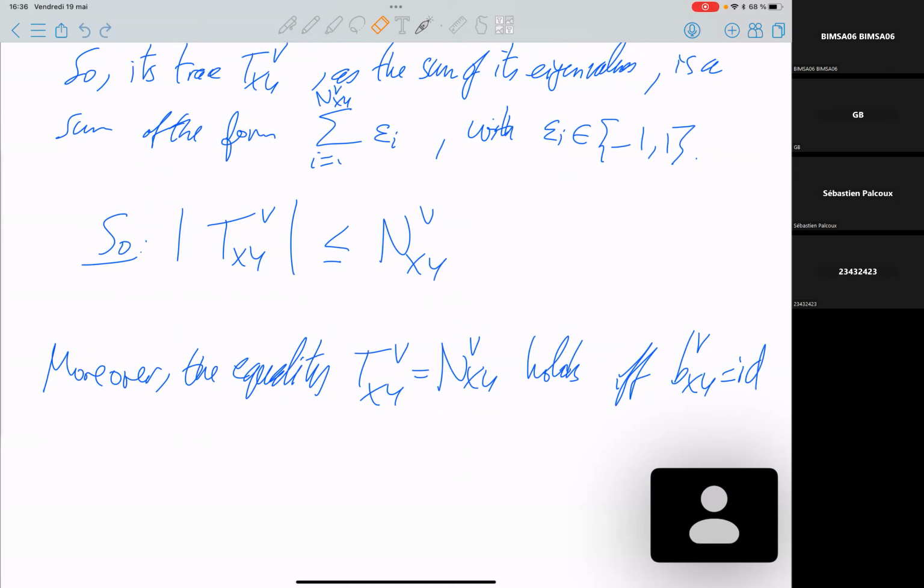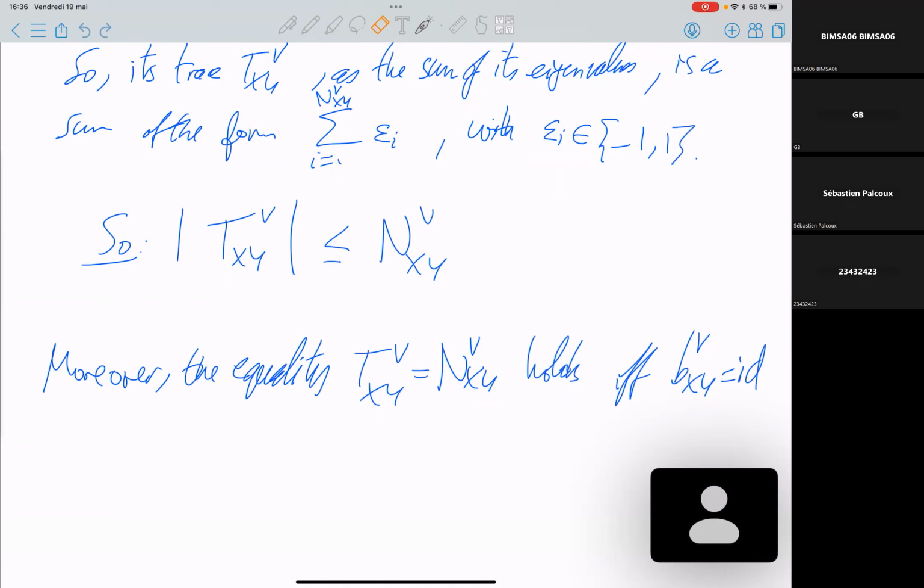So if all the eigenvalues are 1, then it must be the identity. Yeah. Yeah, I guess.